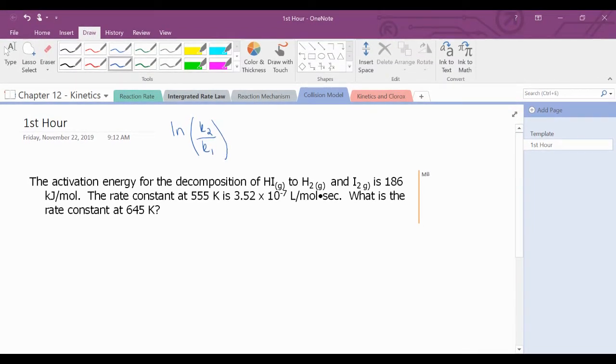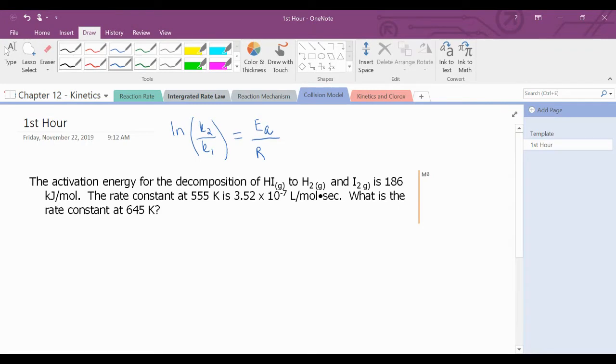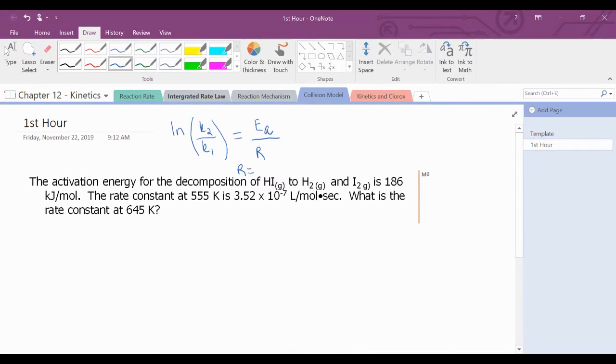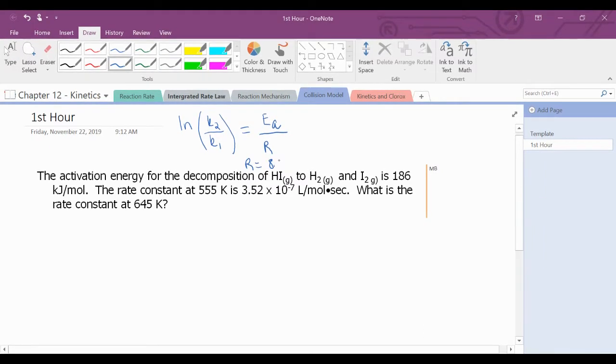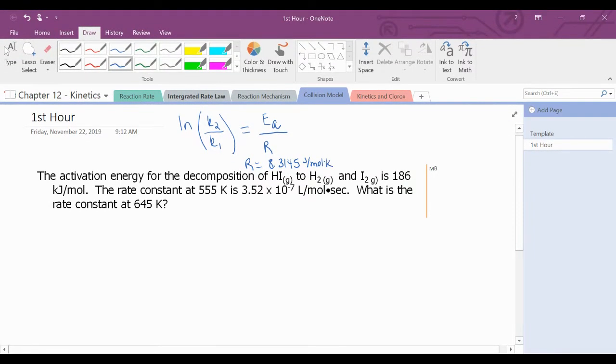So remember, that's our rate constant, is equal to EA, so that would be the activation energy, over R, and R is our universal gas constant, so it always has the same number and unit. So there's the number and the unit for R that you'll need to memorize.